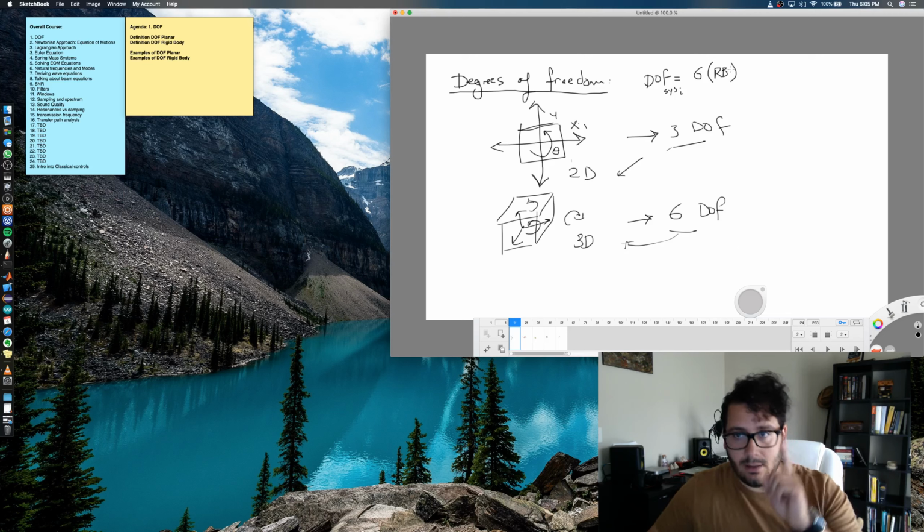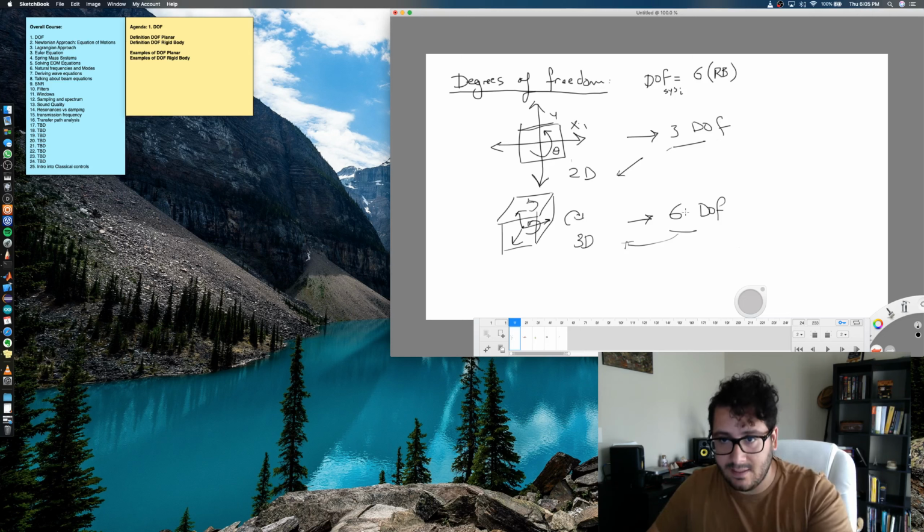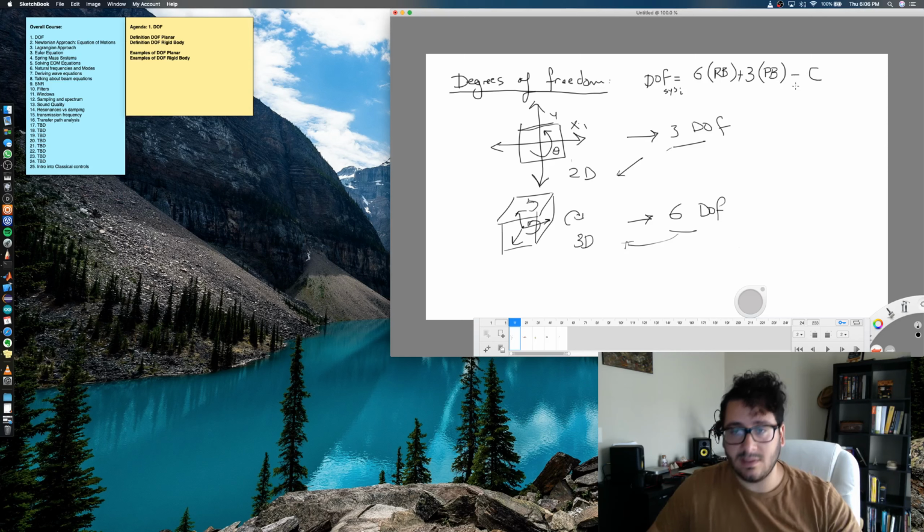So for each rigid body, I'm going to have 6 degrees of freedom. And I'm going to add, how many 2D bodies do I have? So 3 times the 2D bodies, I'm going to call them planar bodies, minus whatever constraints are acting on them.